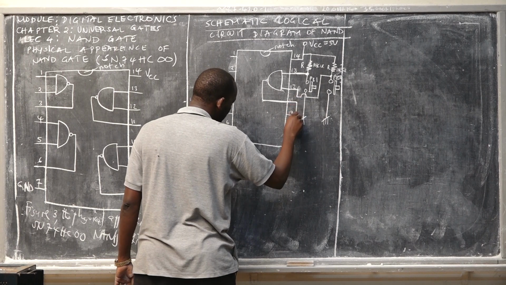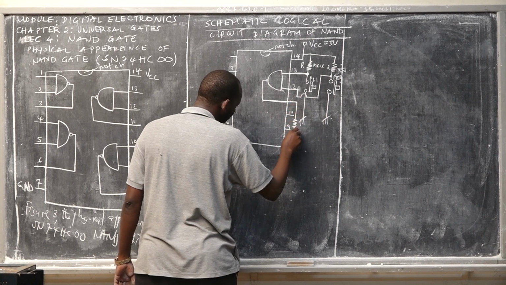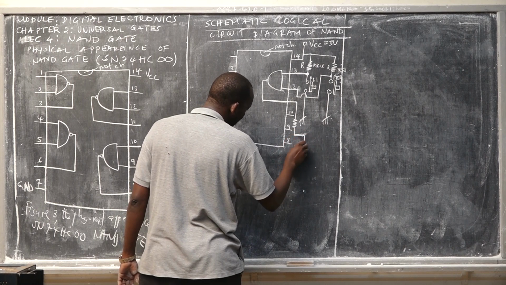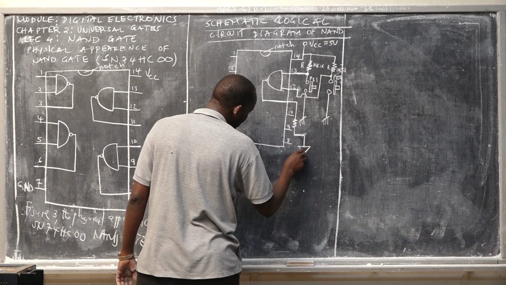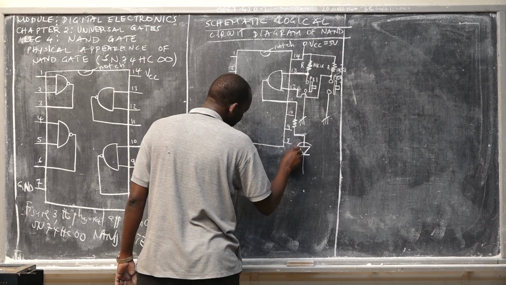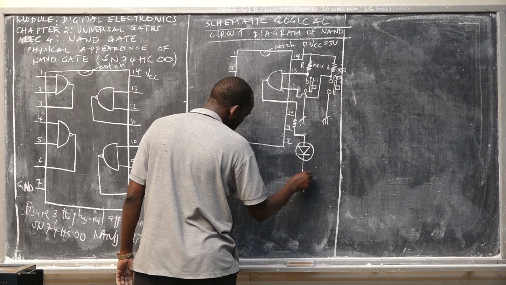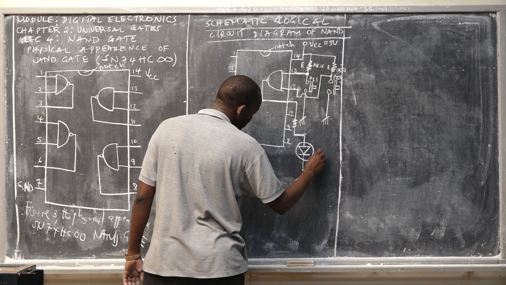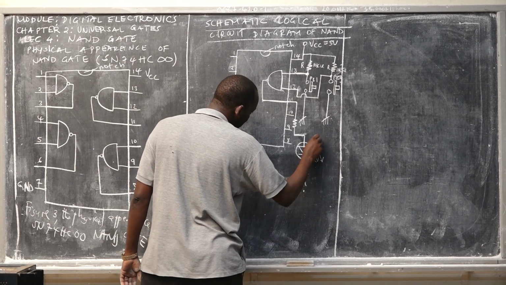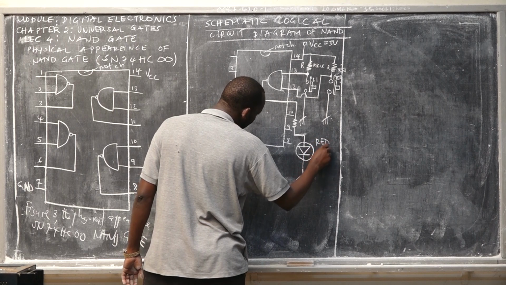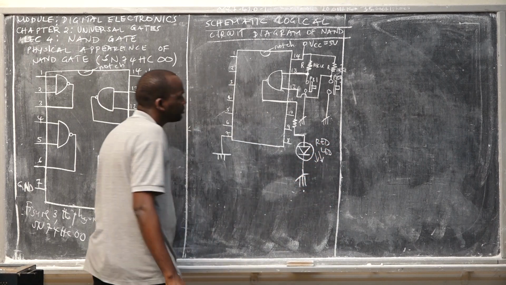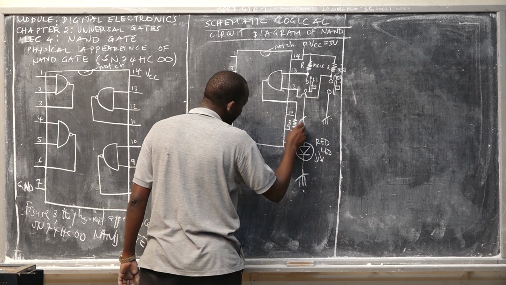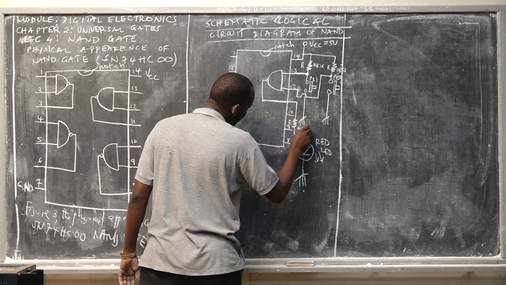For the output, we expect to have a current limiting resistor. And then you're going to have a light emitting diode to indicate the status of the digital output. This can be a red LED. And here we have a resistor with resistance of 220.